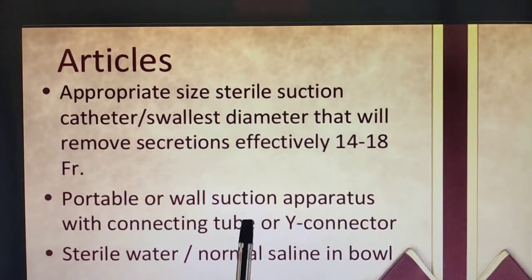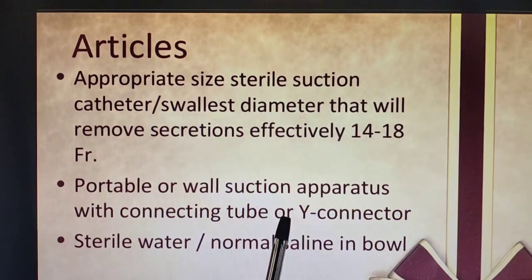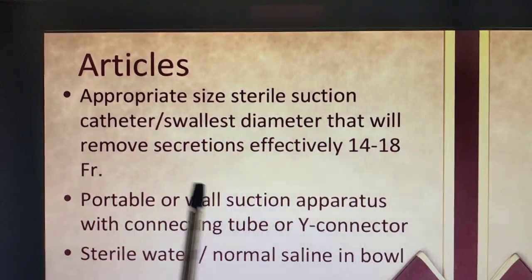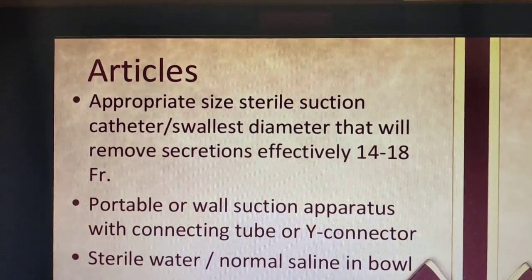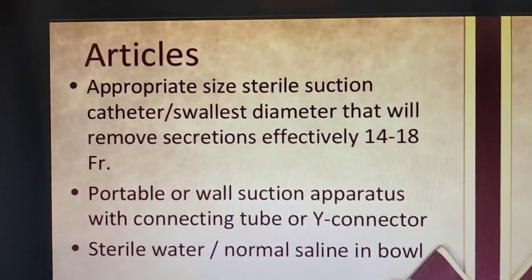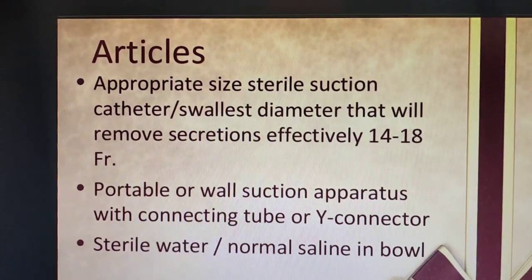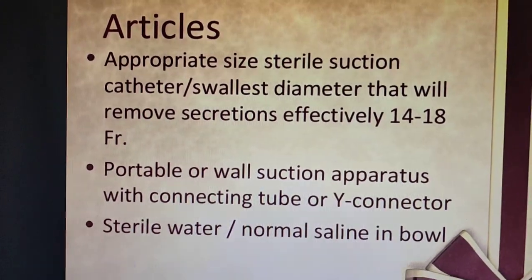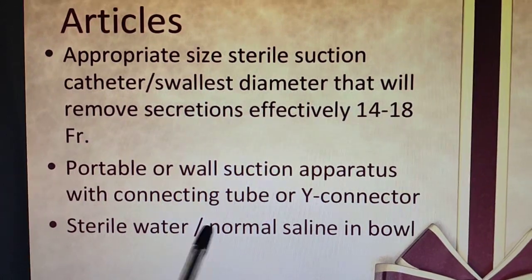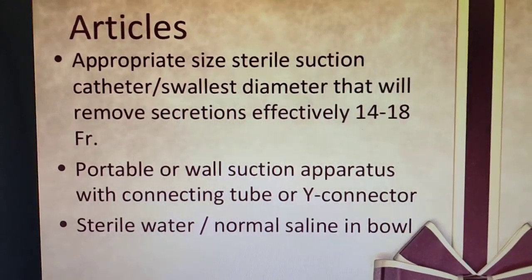I think you all might have seen it in the hospitals, isn't it? Some jug-like or bottle with a yellow color cap is there. That we call the suctioning apparatus with the connecting tubes. I will show you in the video. Then the sterile water and normal saline in a bowl is important.